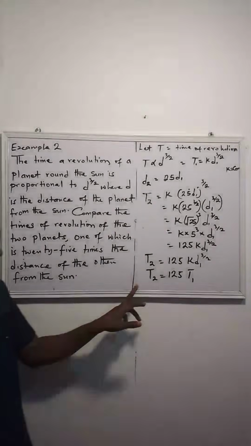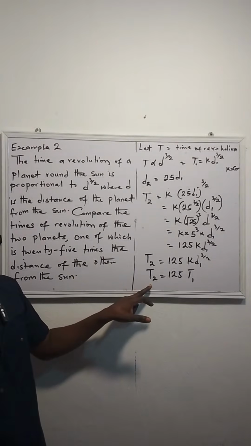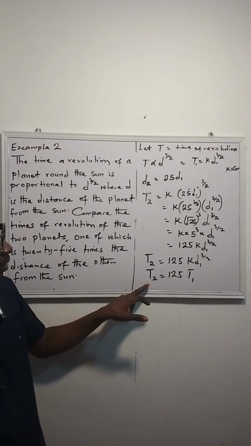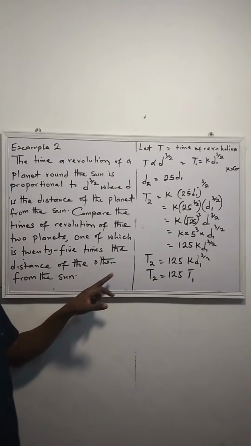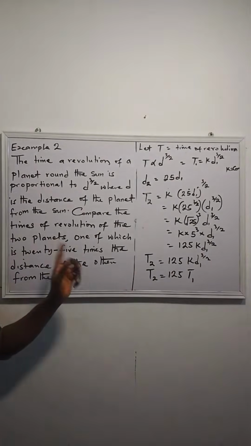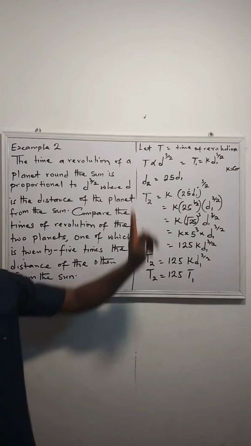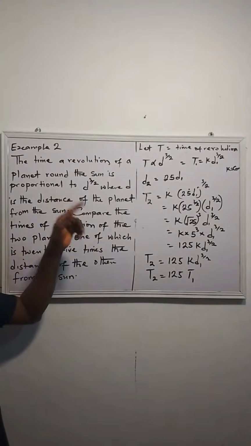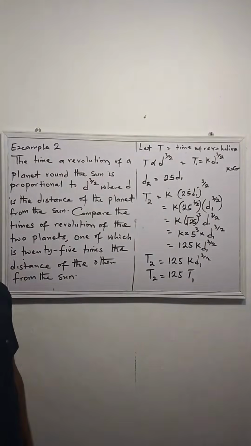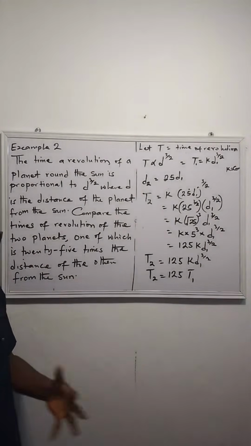So that means the time of revolution of the second planet is going to be 125 times the time of revolution of the first one, because we are asked to compare.